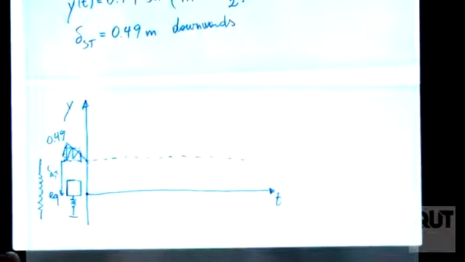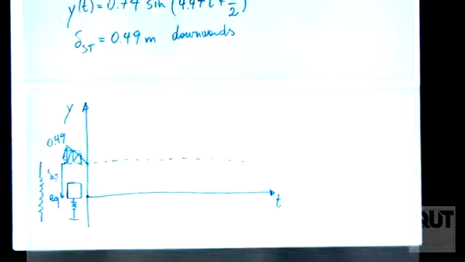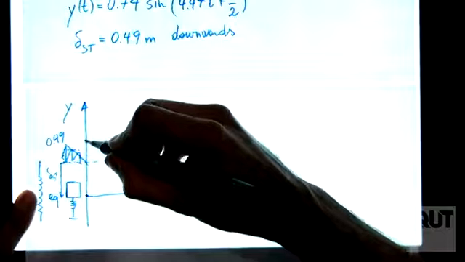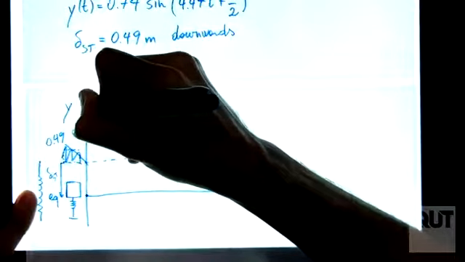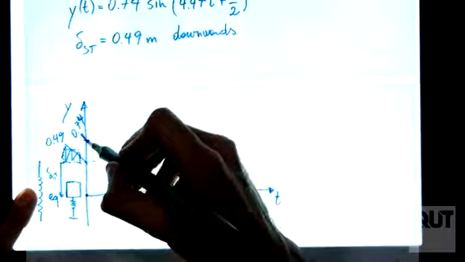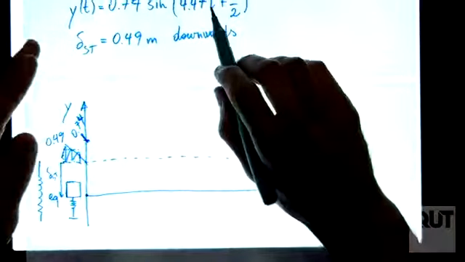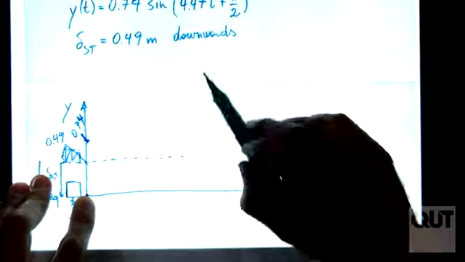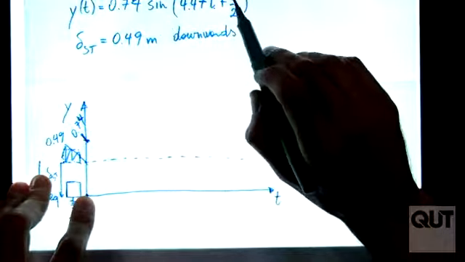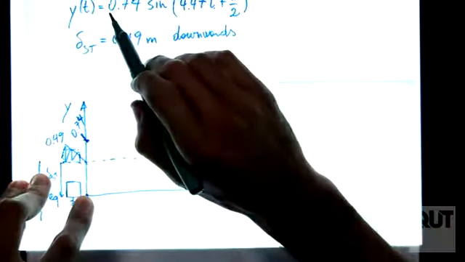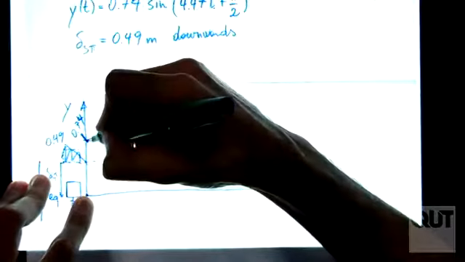And now we have a vibration which has an amplitude of 0.74. Okay, this is 0.74. And it starts at time equal to 0, so here. How much is y at t equal to 0? Sine of pi half is 1. Therefore, 0.74 multiplied by 1 is 0.74. So at the beginning it is like this.